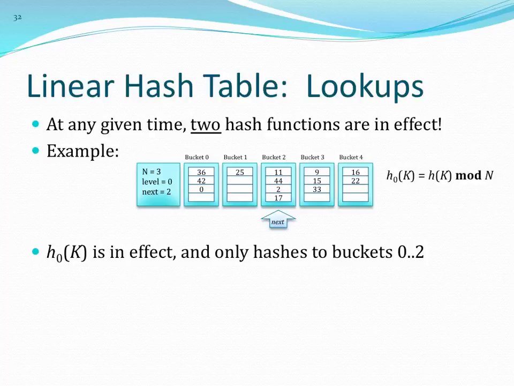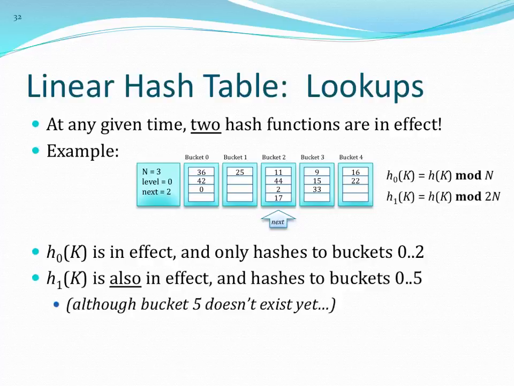So between h0 and h1, it's just going to be a difference of n. Between h1 and h2, it would be a difference of 2n. h2 and h3, it would be a difference of 4n. So I can actually use that to check the buckets that I need to. Like it says here, h1 of k is also in effect, and it hashes to buckets 0 to 5. Now, bucket 5 doesn't exist yet. How do we know that?